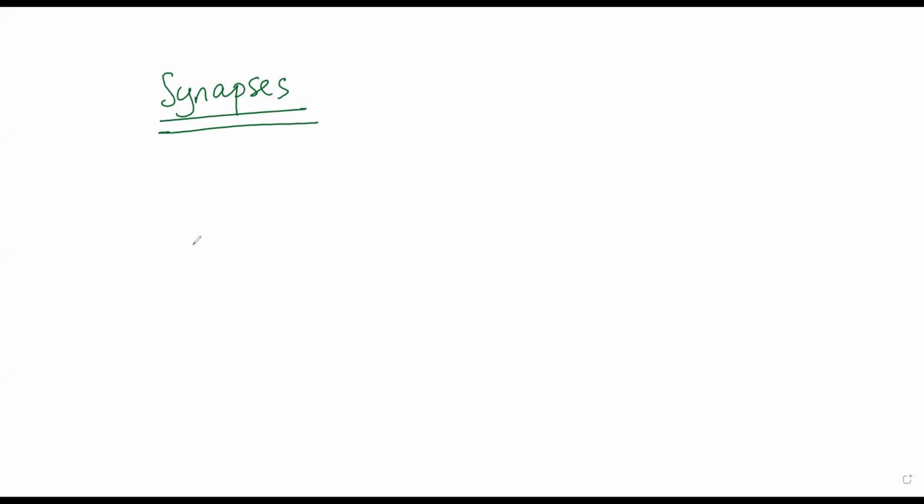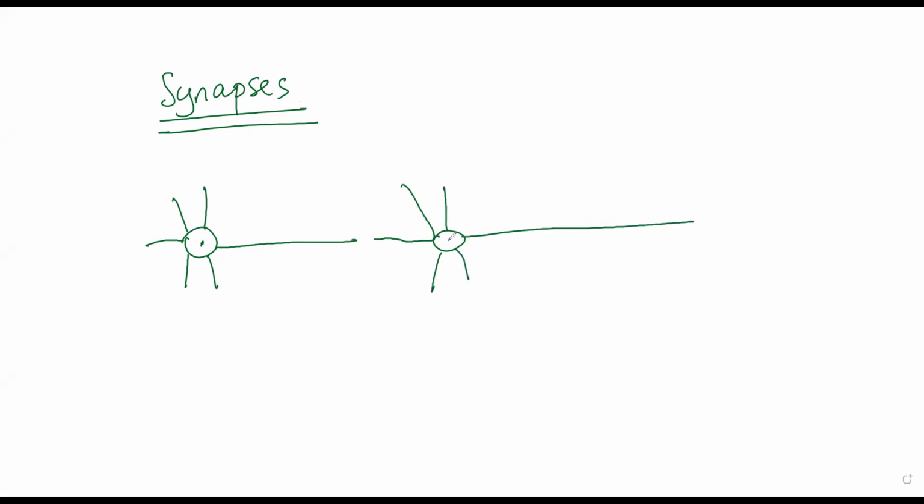Guys, you must know that if a nerve impulse is passing from one neuron to another neuron, there's no direct relation between the two neurons. They are not connecting to each other directly. You know that dendrites are receiving signals, then sending them to the cell body and then the axon.